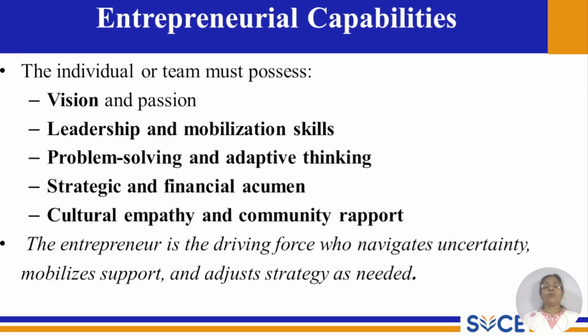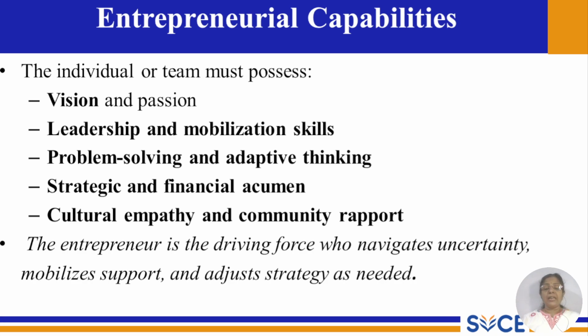Next one is entrepreneurial capabilities. How far the person who is going to execute all these things is capable. The individual or team must possess vision and passion. They should know what their vision is, what they want to achieve, and they should really have the passion to achieve that. So, leadership and mobilization skills, the leader should be strong and visionary.